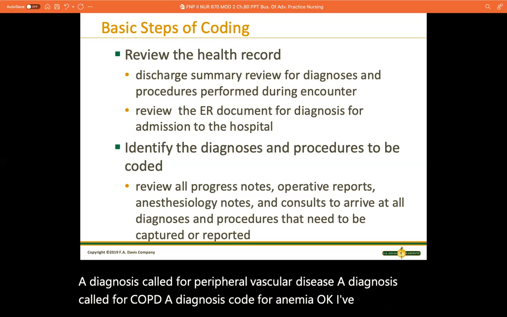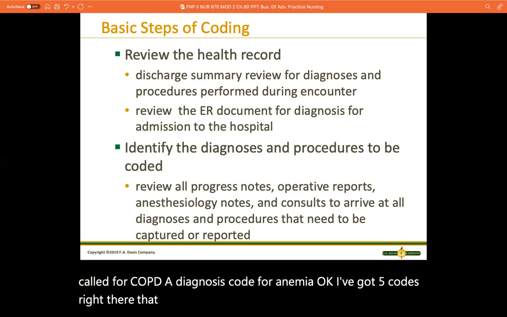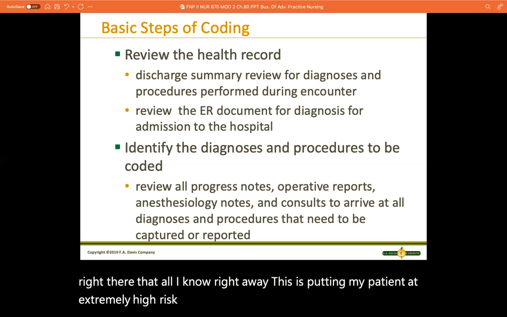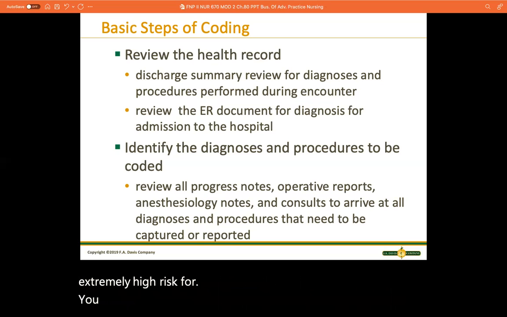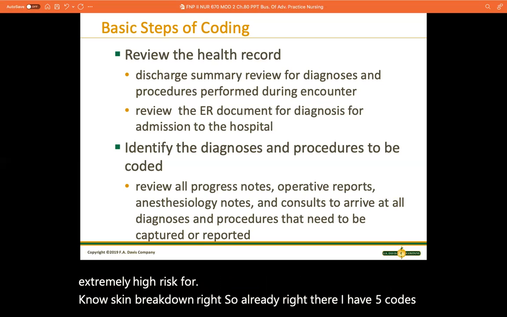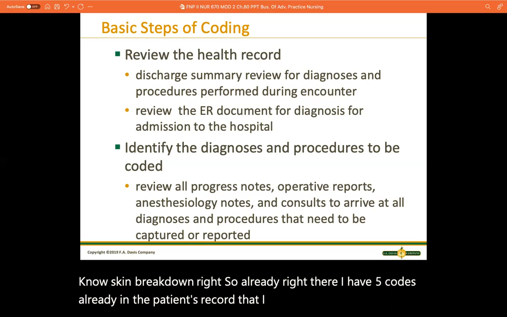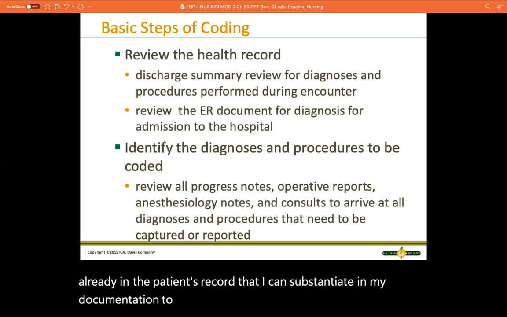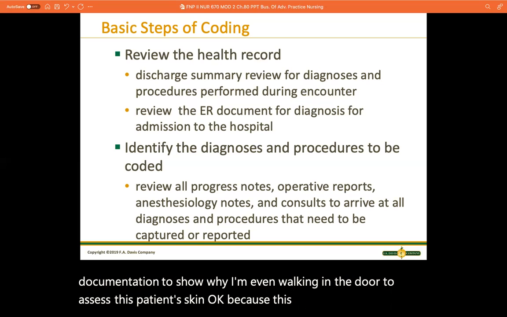I've got 5 codes right there, and I know right away this is putting my patient at extremely high risk for skin breakdown. So already I have 5 codes in the patient's record that I can substantiate in my documentation to show why I'm even walking in the door to assess this patient's skin, because this patient is already high risk for skin breakdown.